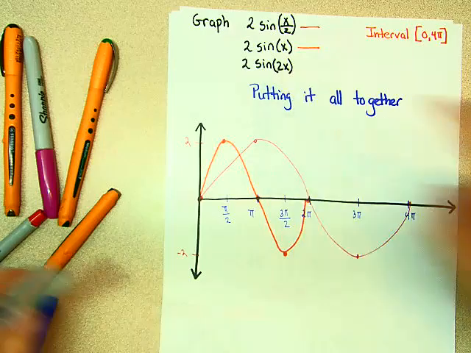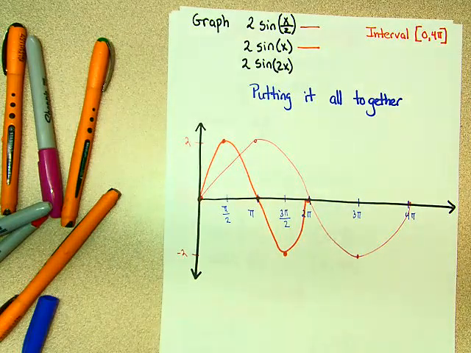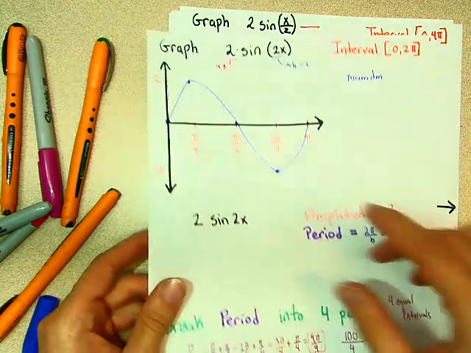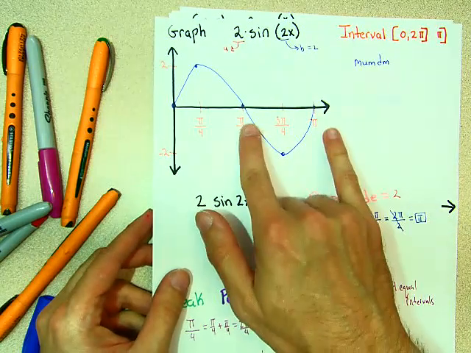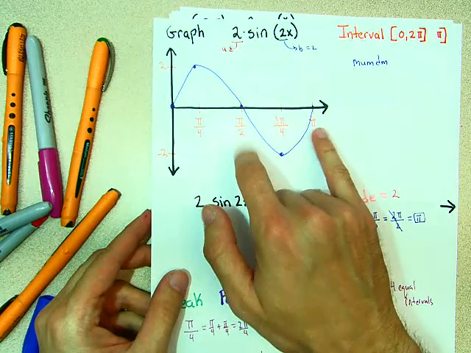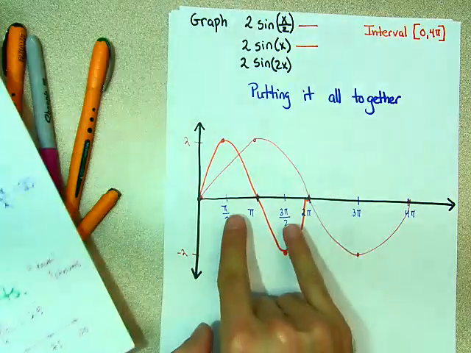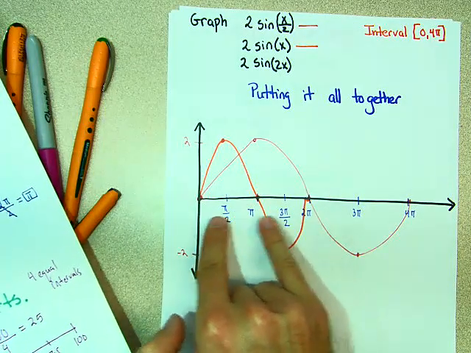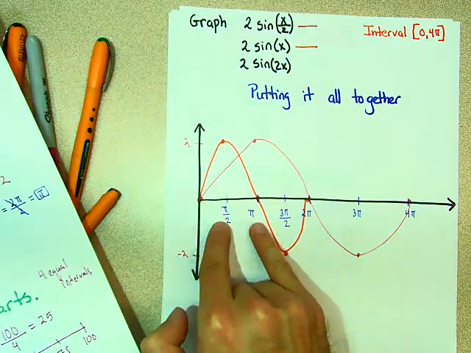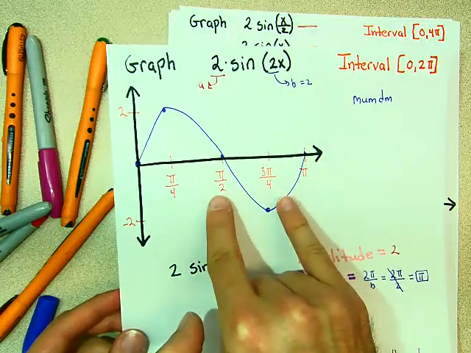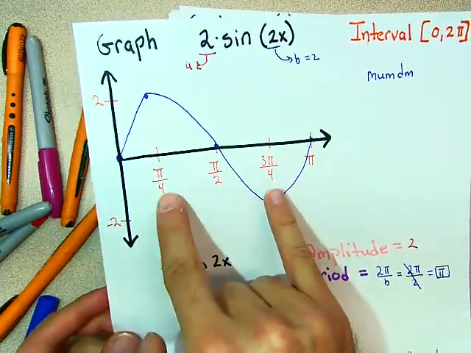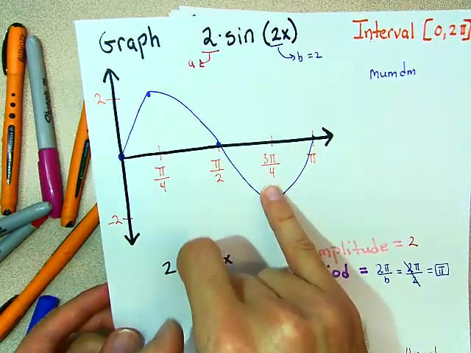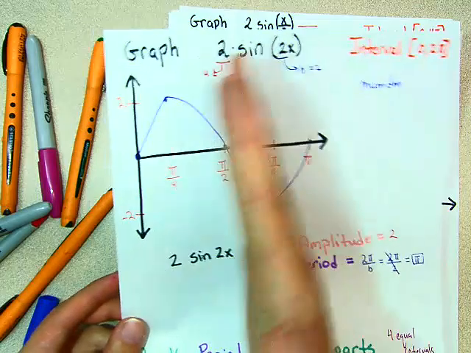When we do 2 sine 2x, which was this one over here, notice that our period ends at pi, right? So the pi over 2 and pi are right here. What's missing? It's these two guys in the middle. It's pi over 4 and 3 pi over 4 because they're to the left of it.